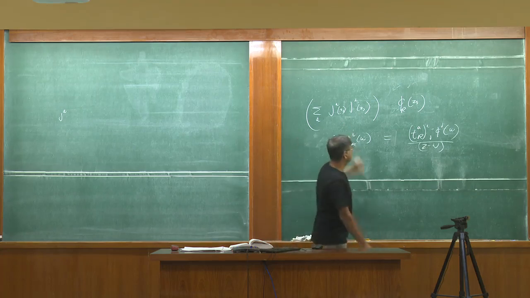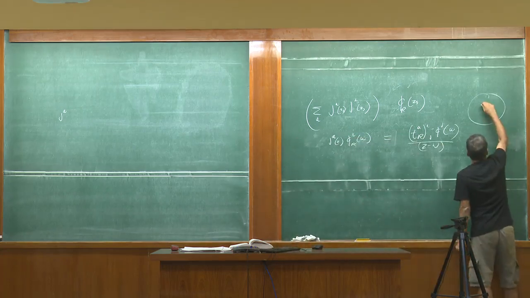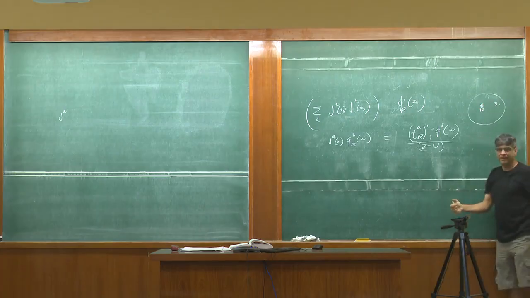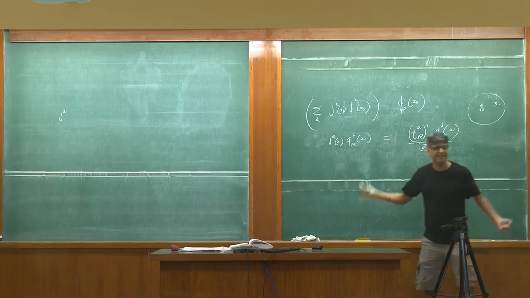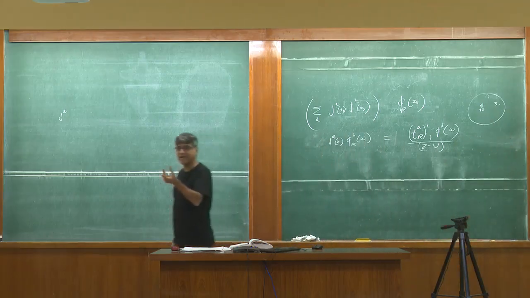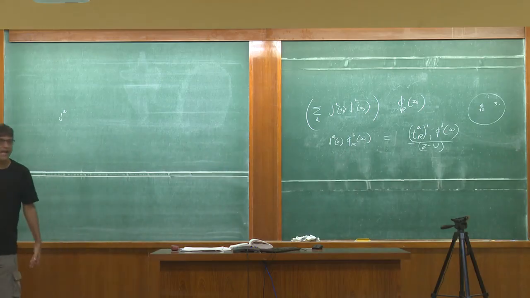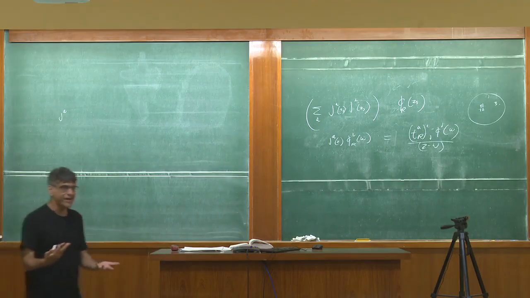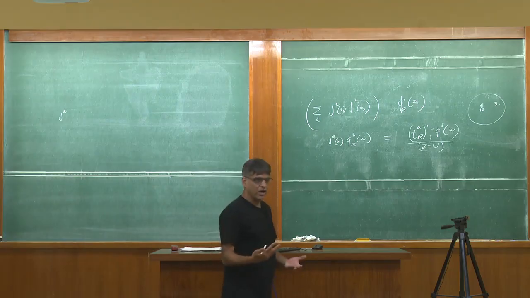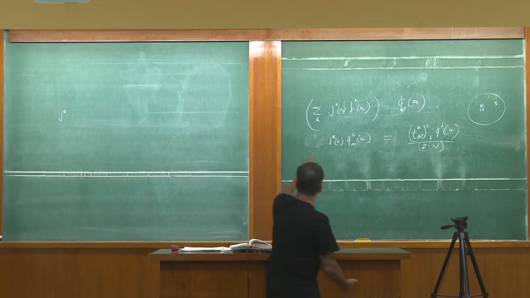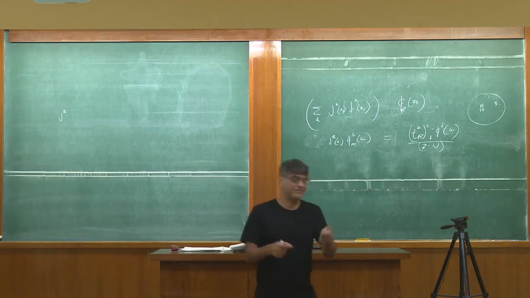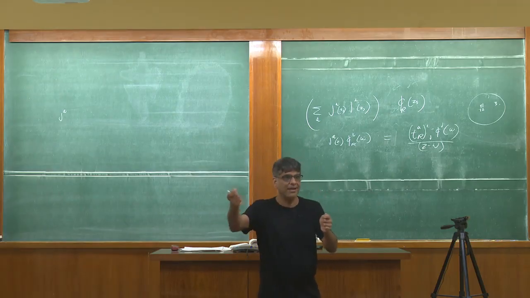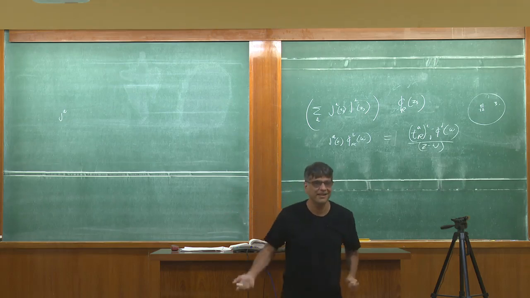So in insertion space, we have 1, 2, and let's say 3. We're first taking 1 to 2, then taking 3 near these other guys. So 1 will always be closer to 2 than 3. And you're not allowed to use OPE between 1 and 3 and 2 and 3. You're not allowed to use, for instance, OPE between 1 and 3 if 2 is nearer to 1 than 3 is.